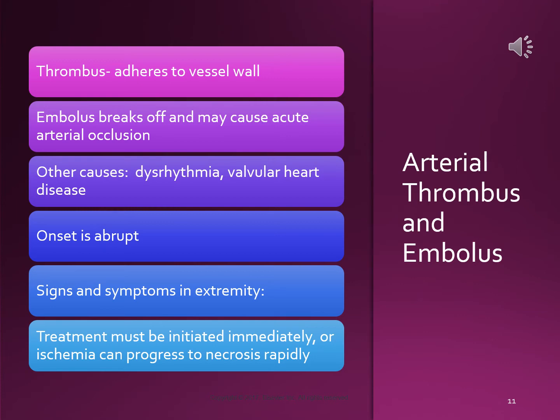The thing about the embolus then is it breaks off from the thrombus and lodges in an artery that is too small for it to be able to pass, and that causes an acute arterial occlusion.